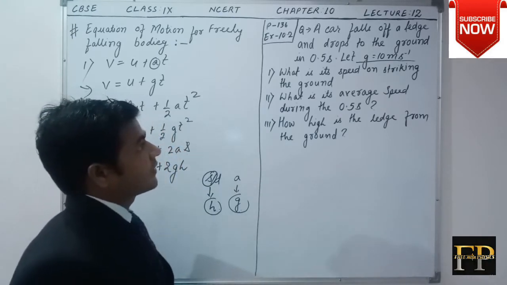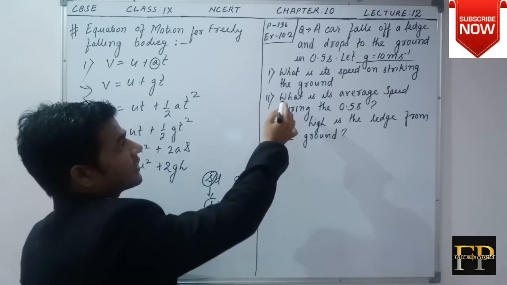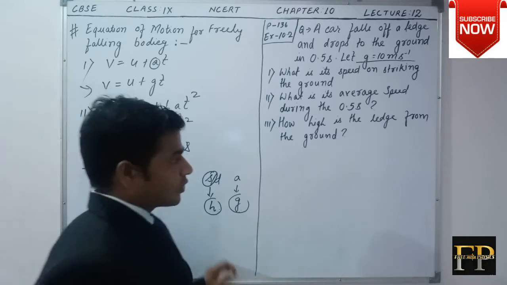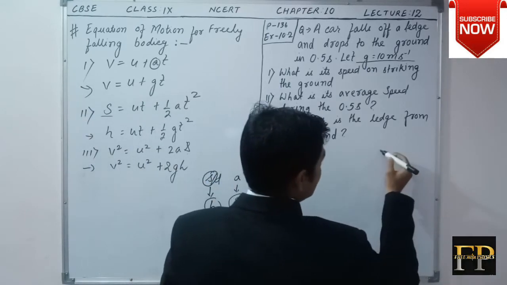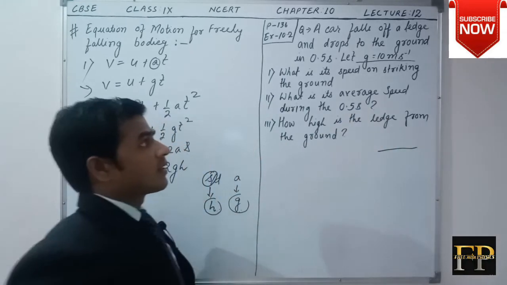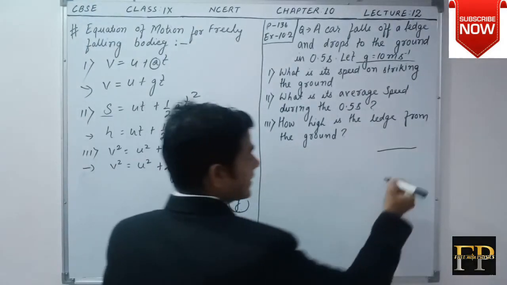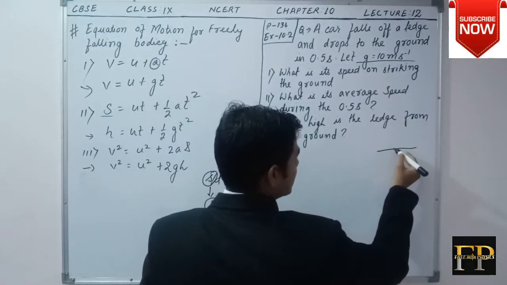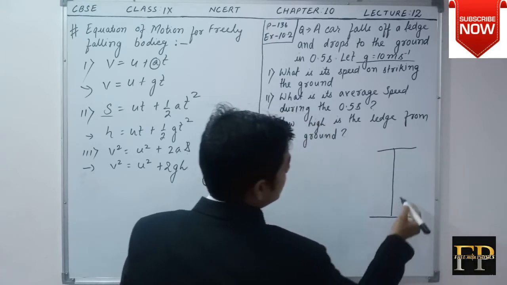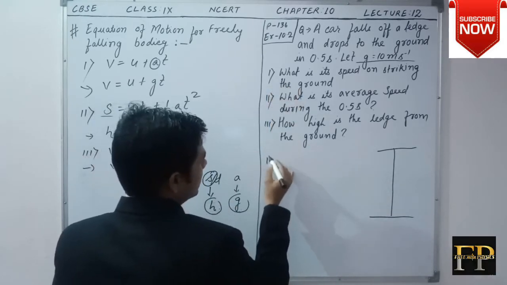We have to find the speed of the free falling car striking the ground. Ledge means the edge of a high hill or mountain, and the car placed at the ledge falls to the ground and hits it in 0.5 seconds.